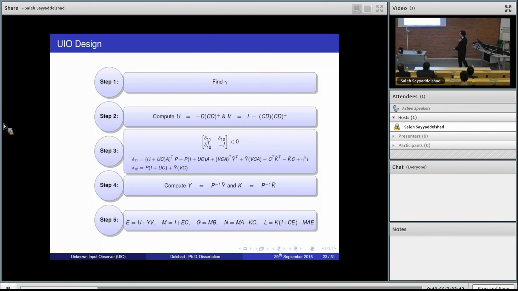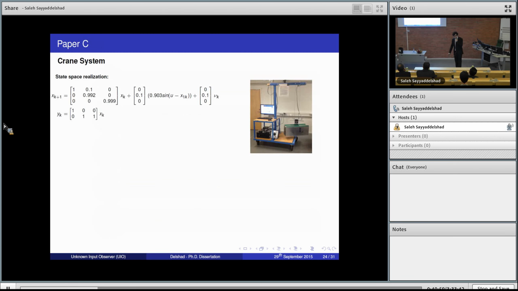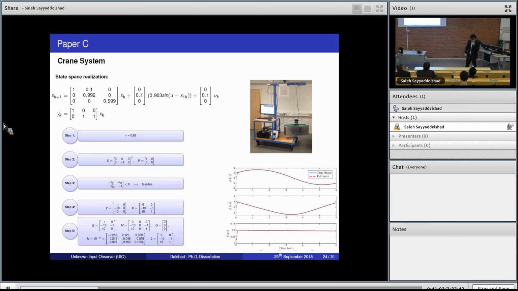So let's take a look at this example. We are using the 5 steps here for the discrete time system. The approach was introduced in paper C in ECC 2014, which is less conservative than the previous one. So in this case, think about the crane system here at our laboratory.